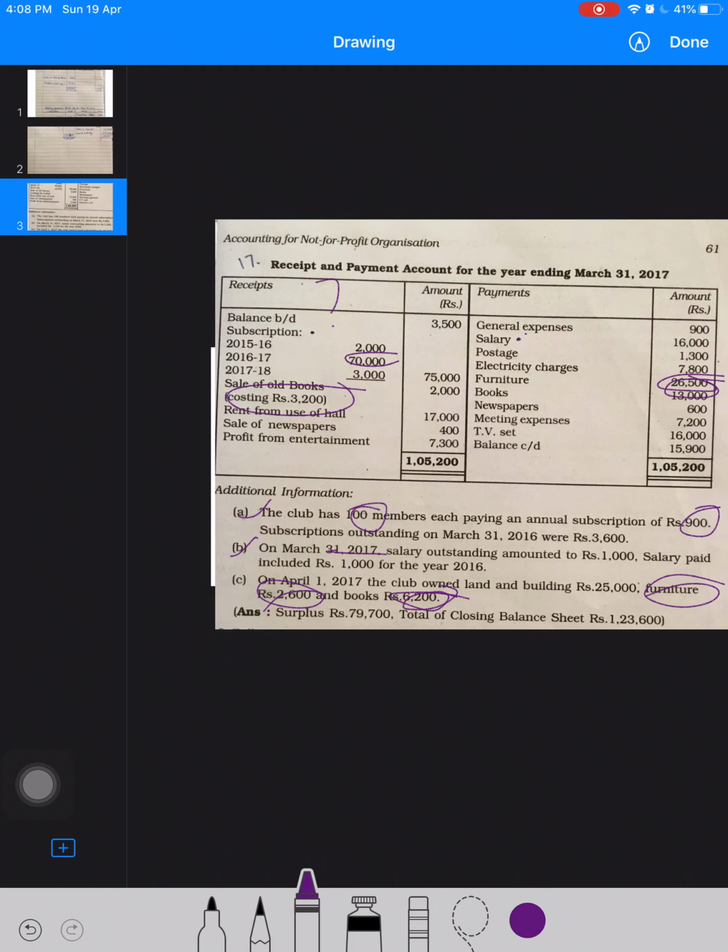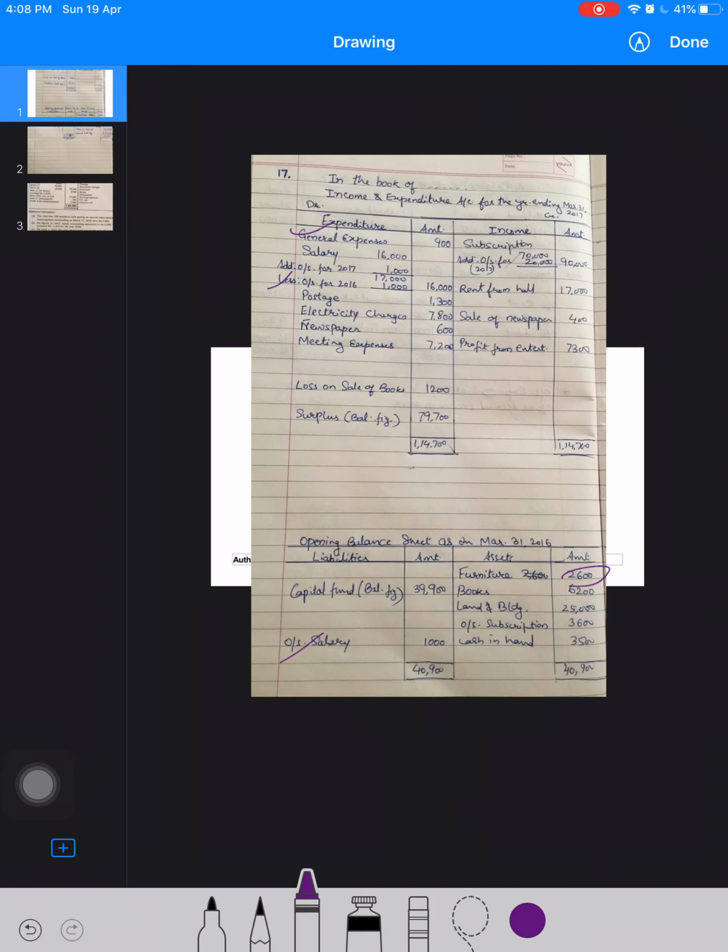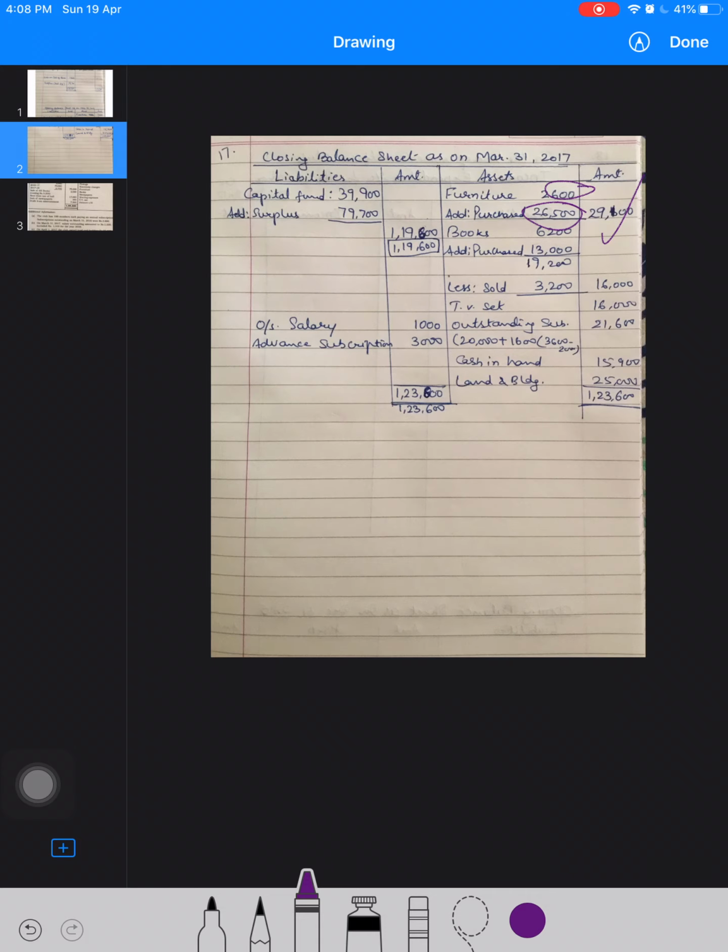So 6,200 is our opening balance sheet amount, so just record here books 6,200. Now go to closing balance sheet, books 6,200, just carried from last year. Then the purchase you have made this year is given on the payment side, and you sold for 3,200, which is given on the receipt side, so your total amount is 16,000.